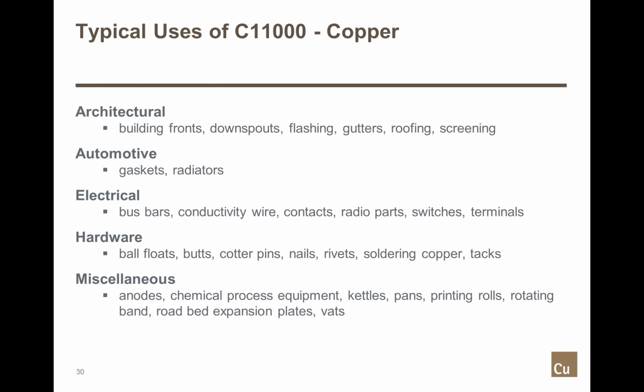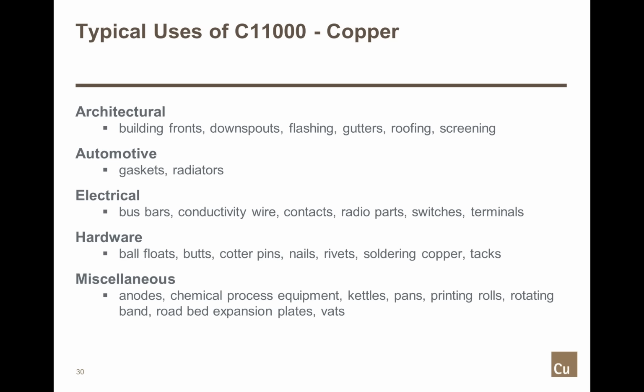Typical uses of C110 copper. There's a lot of it used in architectural applications, building fronts, downspouts, flashing gutters, roofing, screening. But it has been used in gaskets and radiators in automotive. That's the heat dissipative properties.